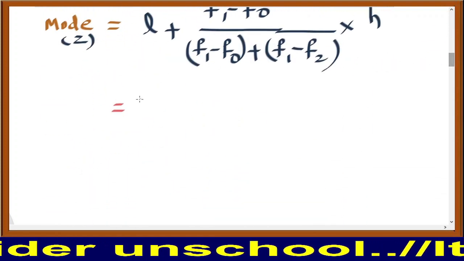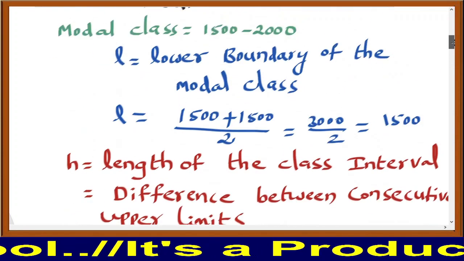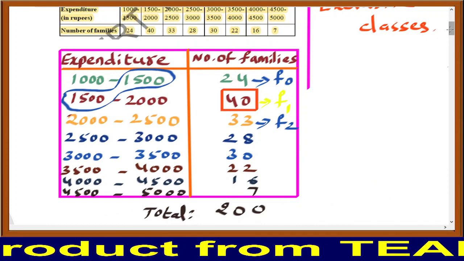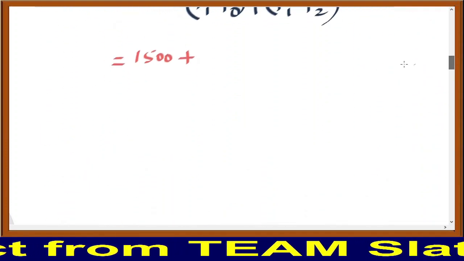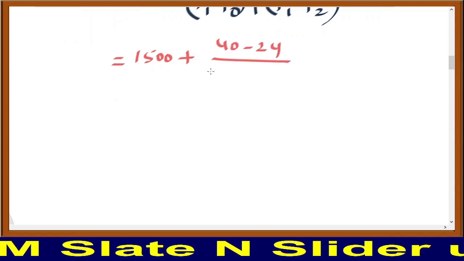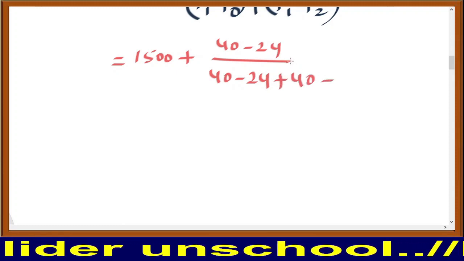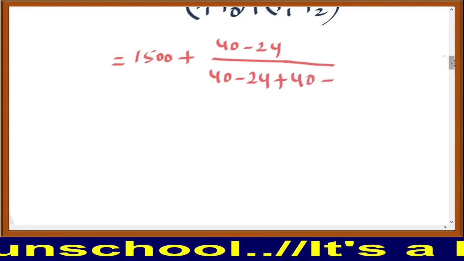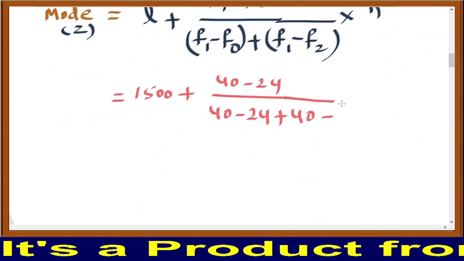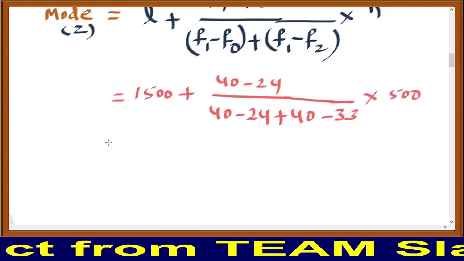So substitute L, 1500, plus F1 minus F0. F1 is 40, F0 is 24. So write 40 minus 24 by again 40 minus 24, because it is F1 minus F0 plus again F1 minus F2. F2 is 33, into H, which is 500.